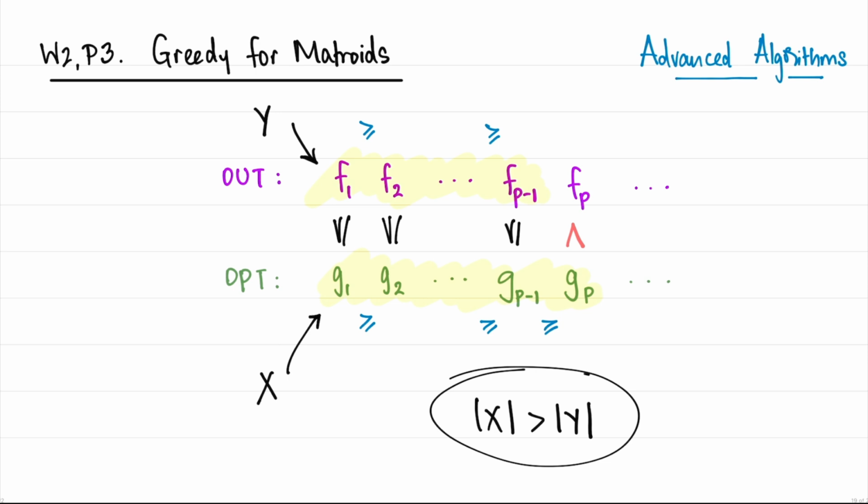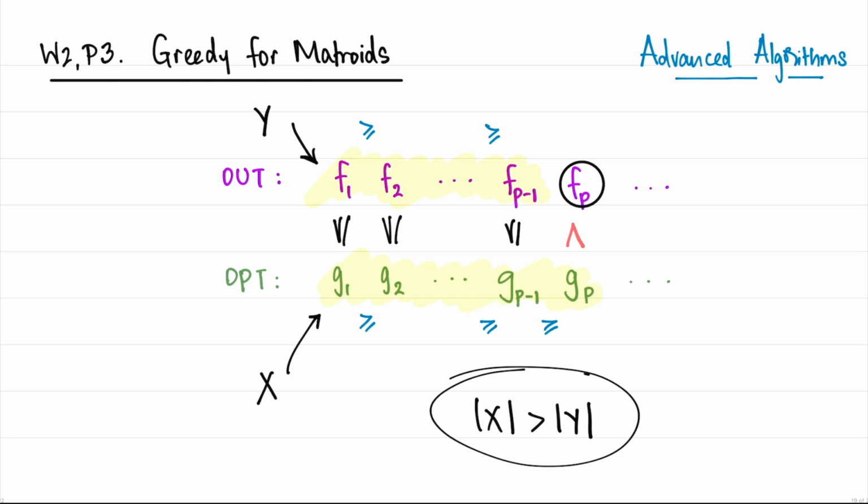So X and Y are both sets in F, and X is a bigger set, which means that there is some element sitting inside X which is not in Y, meaning there must be something which was not picked up by greedy, but which is heavier than FP. Why is it heavier than FP? Because GP is heavier than FP by assumption, and so all the elements that come before GP are also at least as heavy as GP.